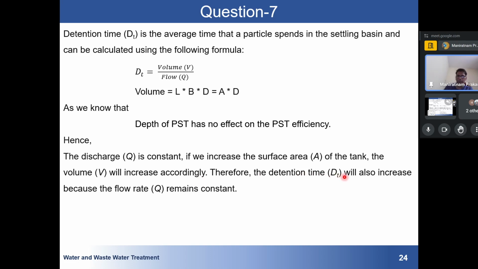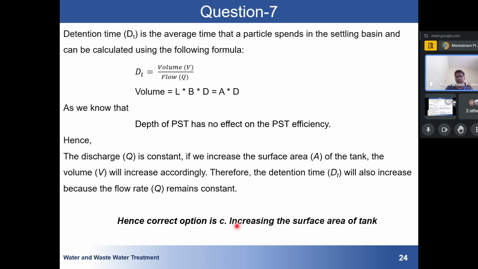Therefore, the detention time will also increase because the flow rate remains constant. And I already said the more detention time, the more efficient: the suspended particles will get more time to settle down. So the correct option will be C, increasing the surface area of the tank.